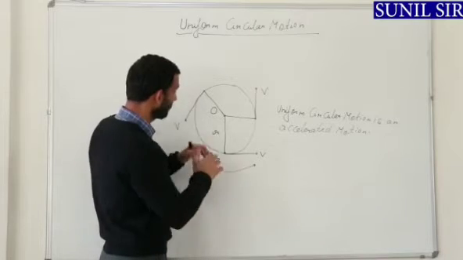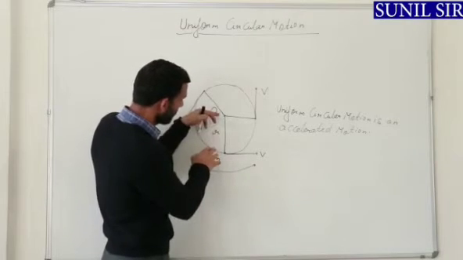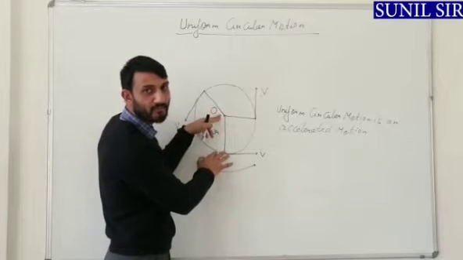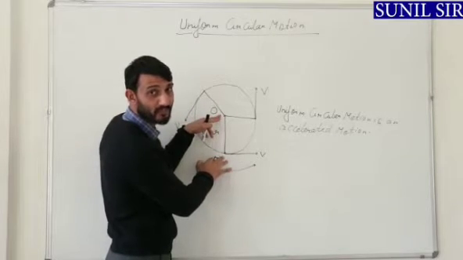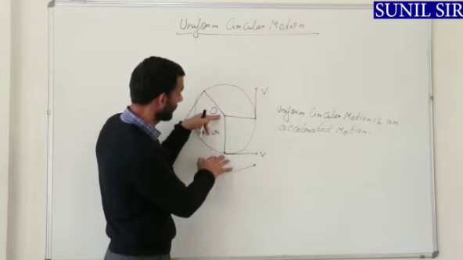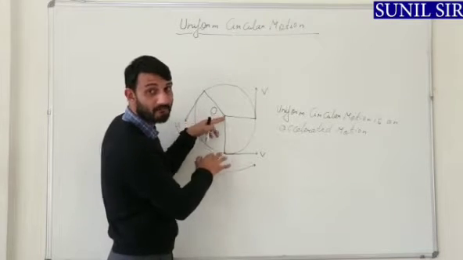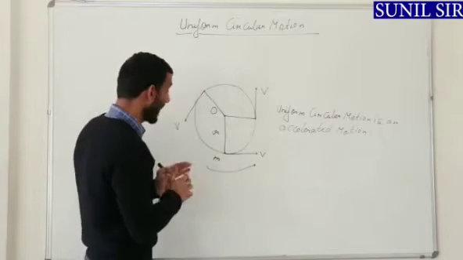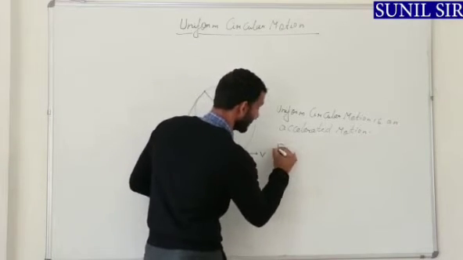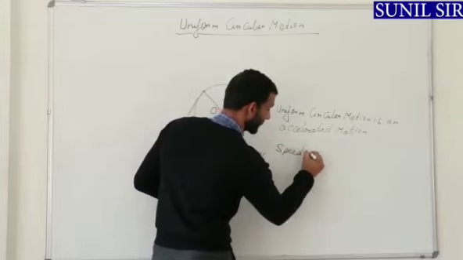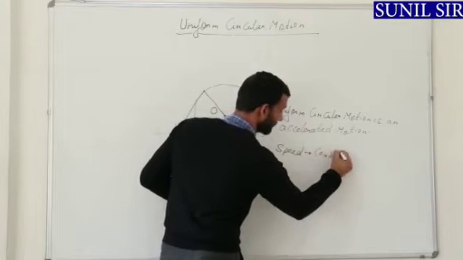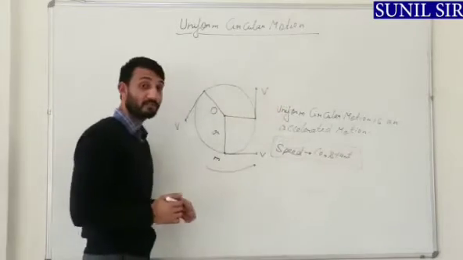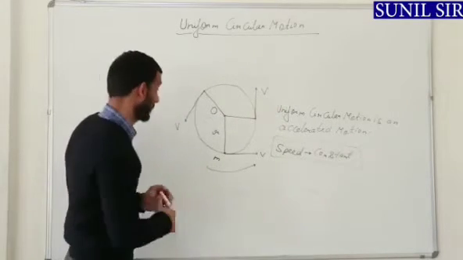Since the radius of this circular path is going to remain the same, we are assuming that the radius of this circle in which the object is moving is not changing. In that case, the speed of the object will remain constant.